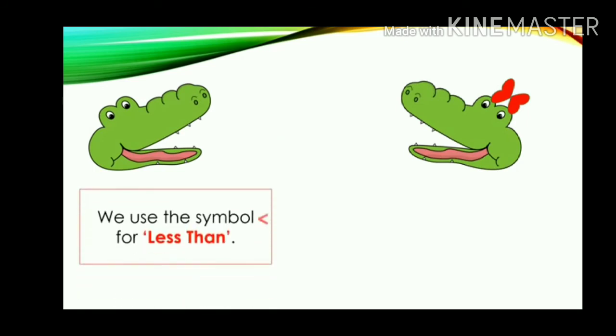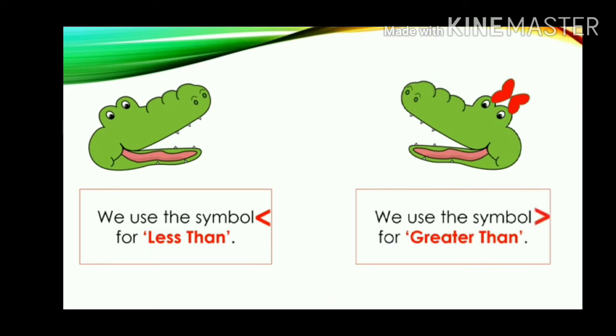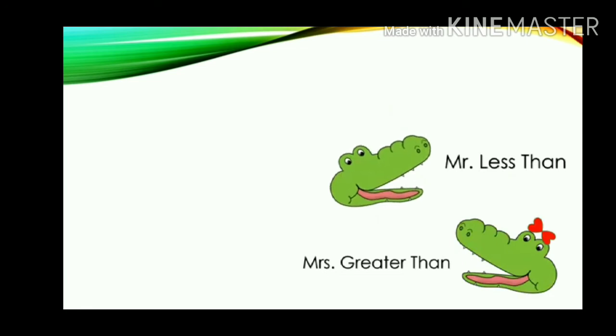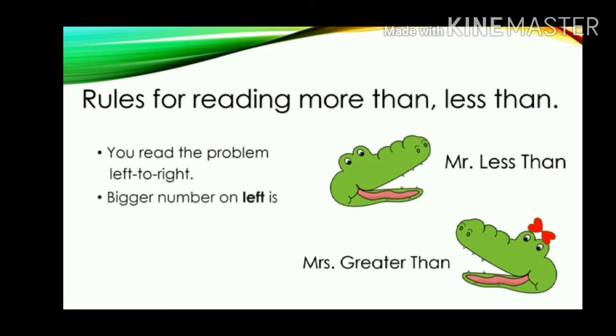So we use the symbol for Mr. Less and here we use the symbol for Mrs. Greater than. Rules for reading more than, less than. First, you read the problem left to right.